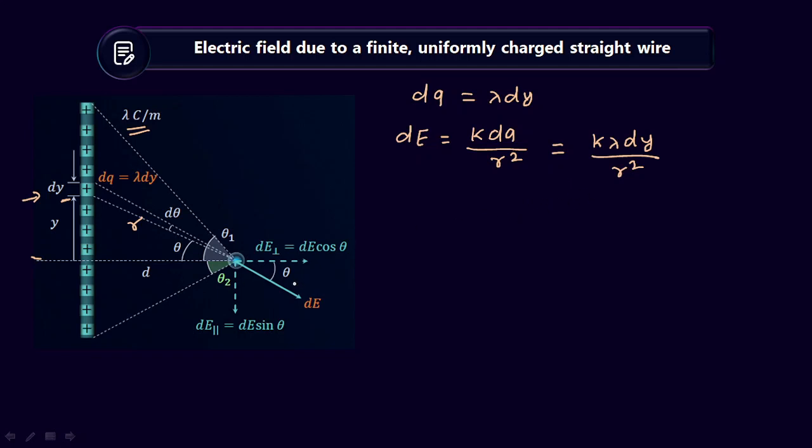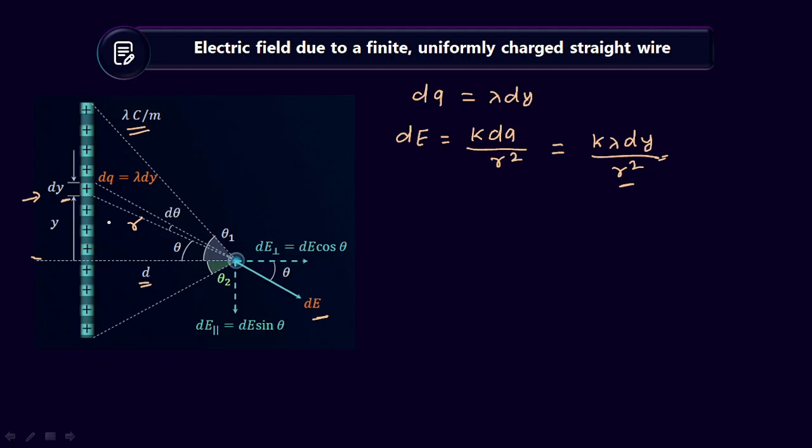Here the angle is also changing for different elements, so we have to break the angles in two parts. The problem is that r is changing for different points, and so the length y will also be changing. So we first need to simplify r and y in terms of theta and the given distance d.